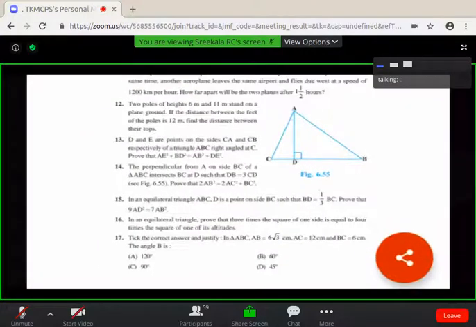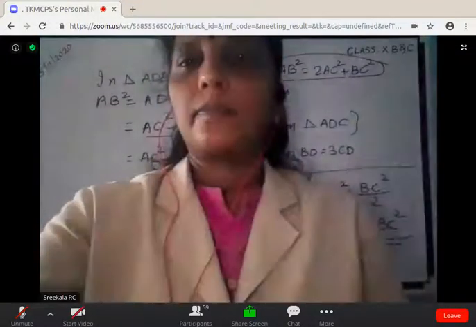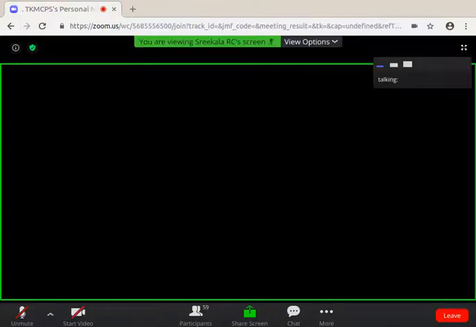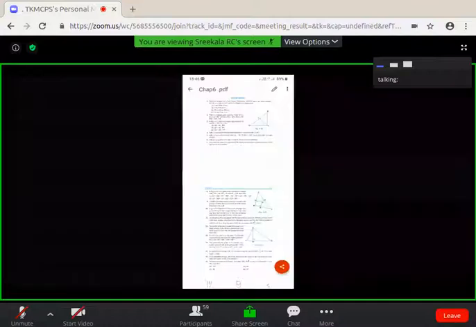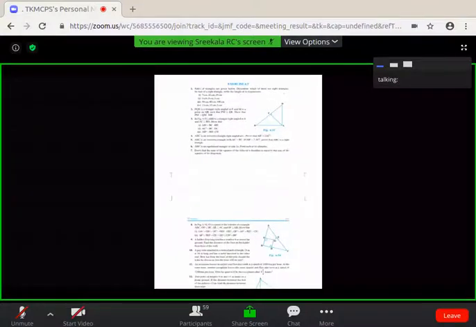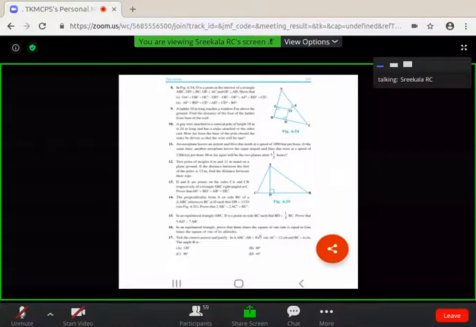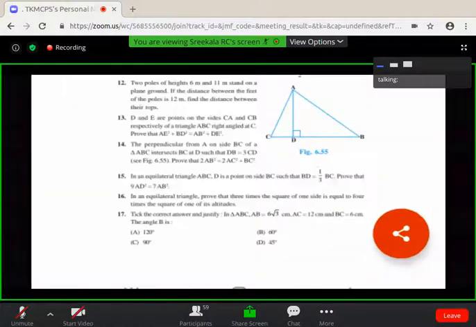Equilateral triangle ABC. D is a point on side BC such that BD equal to 1 by 3 BC. Prove that 9 AD square equal to 7 AB square.